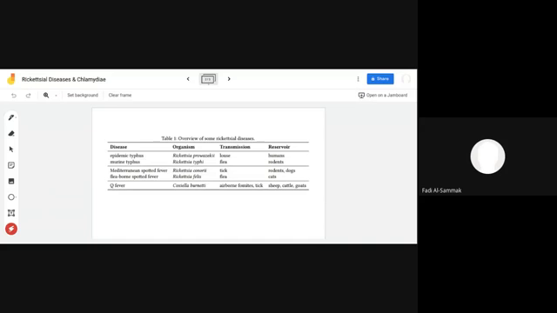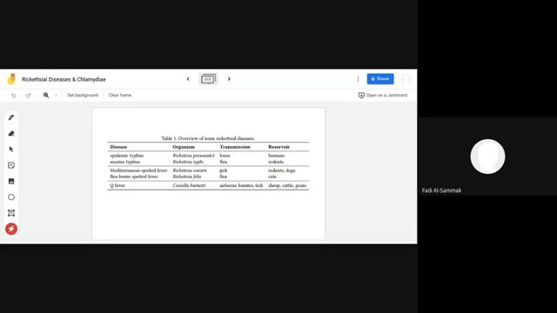In the second group, we have the Mediterranean spotted fever. It is caused by Rickettsia conorii, and it is usually associated with a tick bite. The tick is the vector here, and the reservoir is rodents and dogs. While the flea-borne spotted fever is caused by Rickettsia felis, and felis, as you know, is Latin for cat.